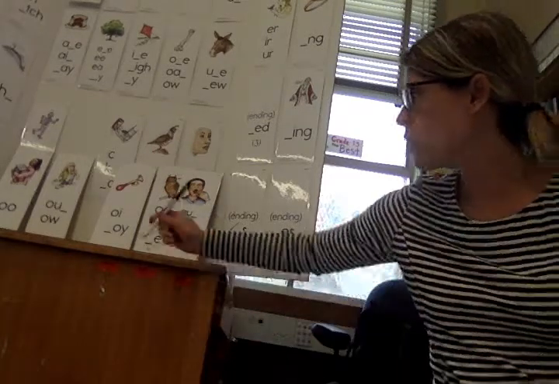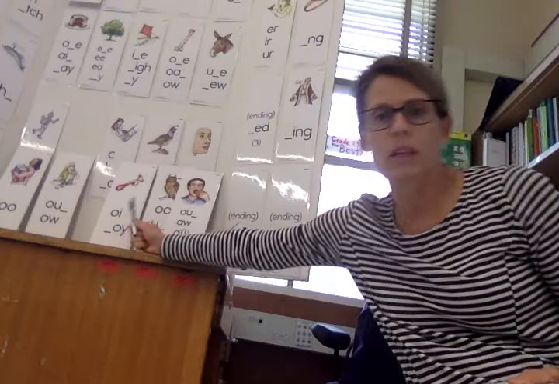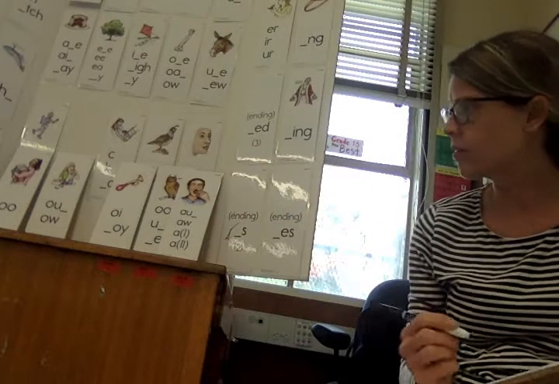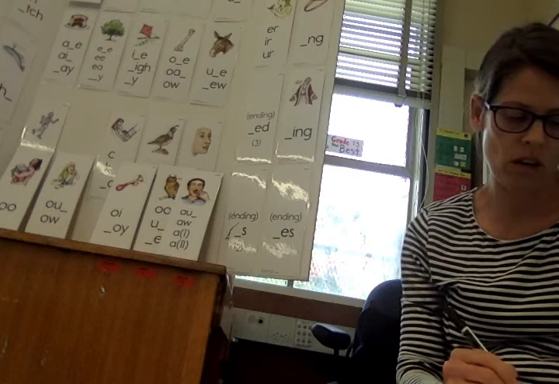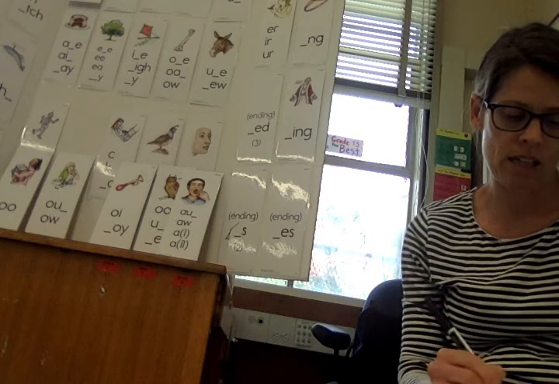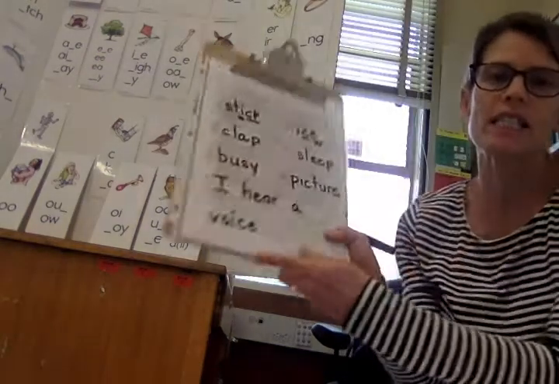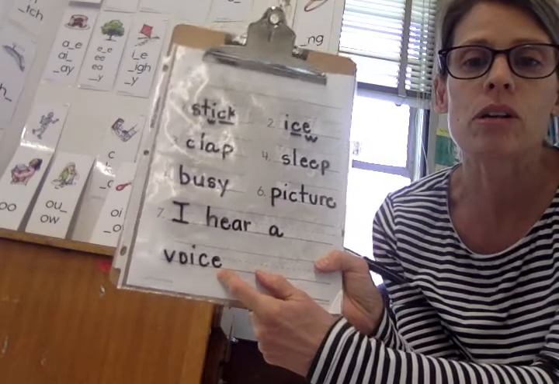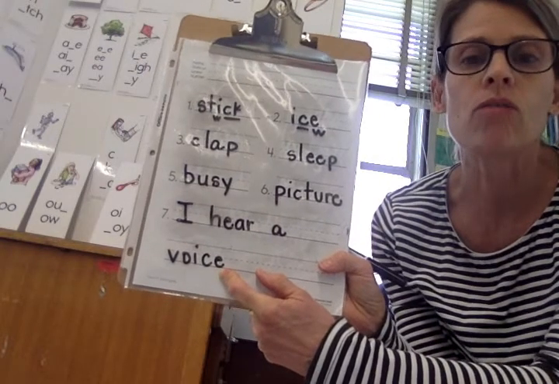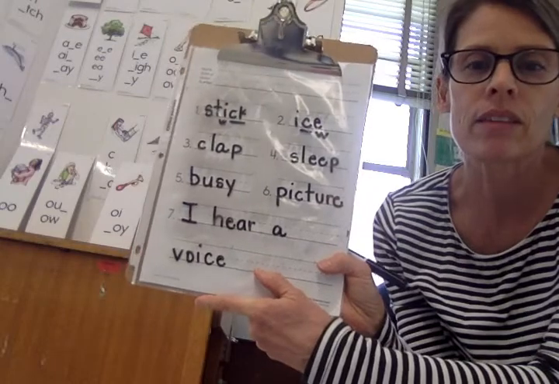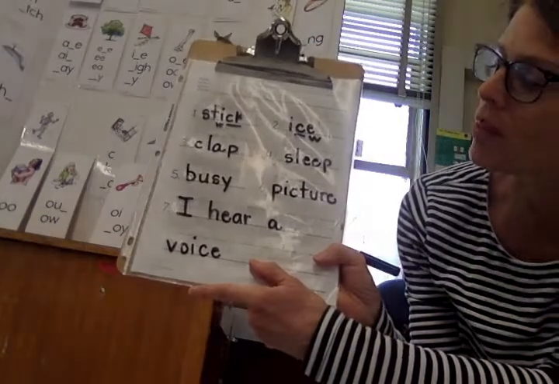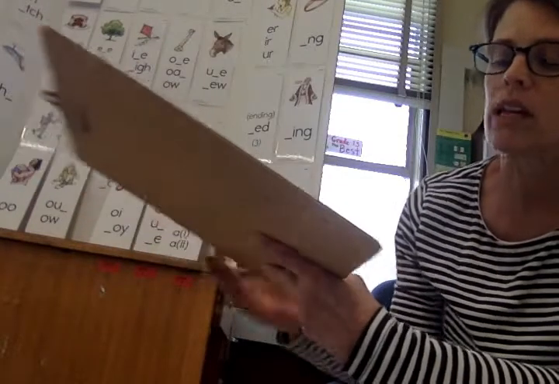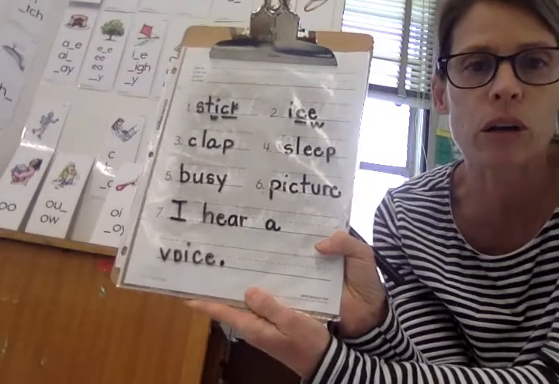It says which oi, and it's going to be the first oi sound. V, V. Oi, O, I, C, E, voice. And that C is making this S sound because it has an E after it. Voice. There we go. I hear a voice. And then I'm going to put a period at the end because this is a telling sentence. Needs a period.